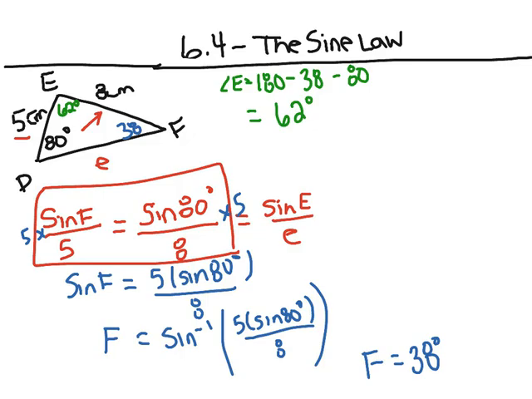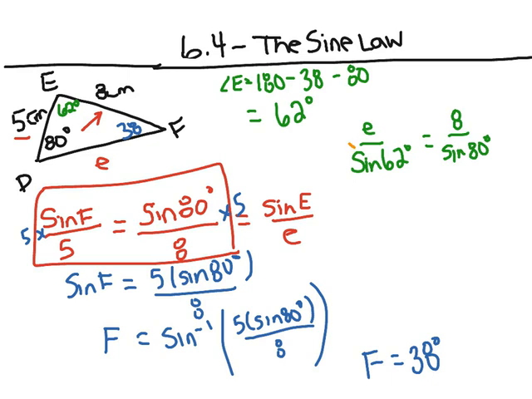So we want to find the little e. So e over sine of 62 degrees. And we can make this equal to either of our ratios. Let's make it equal to d. So d is 8 over sine of 80. Now we can solve for e.